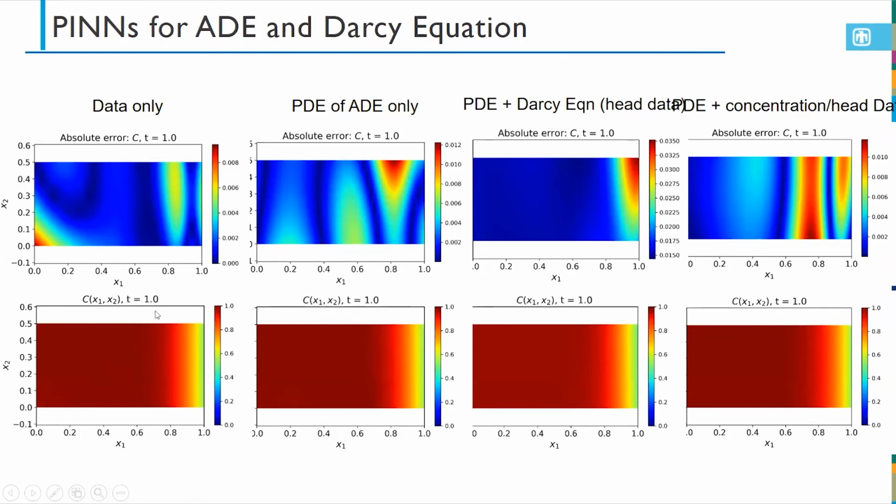Yep, I'm almost done. If you look at the scale of the error map, the data-only model predicts relatively well at the end of the simulation, which is time equal to 1.